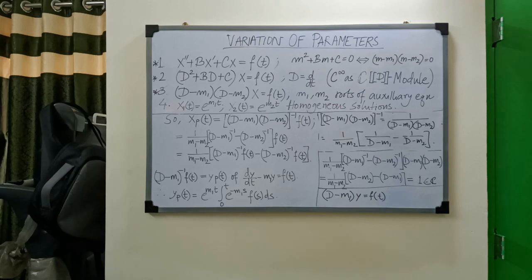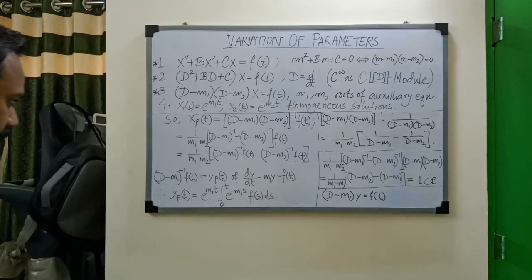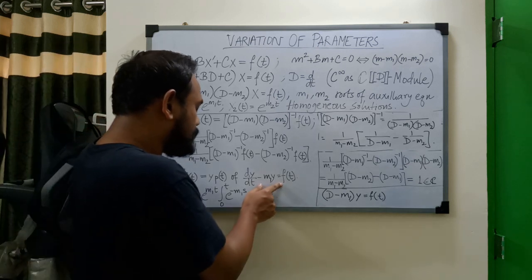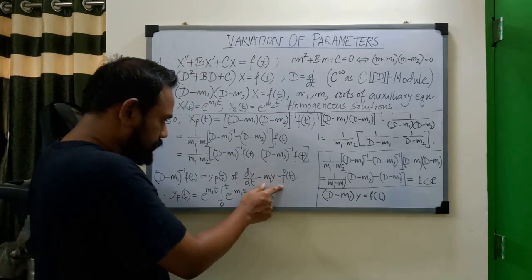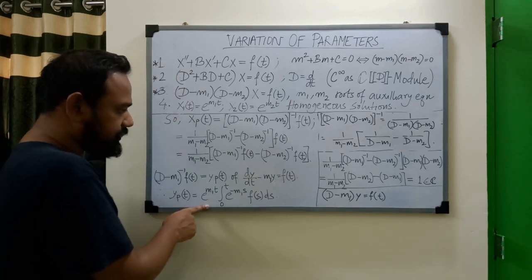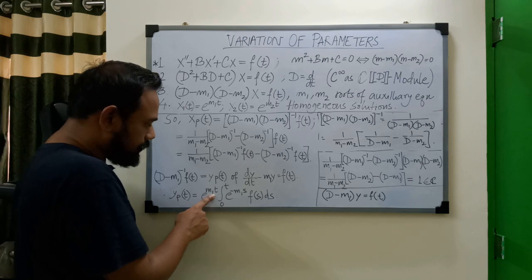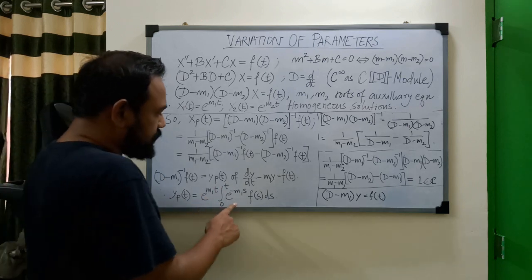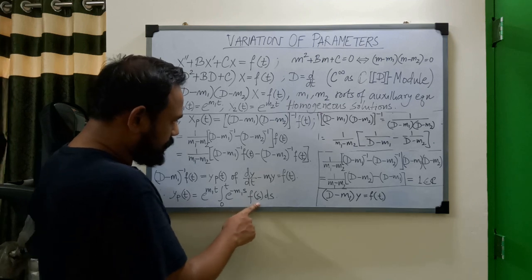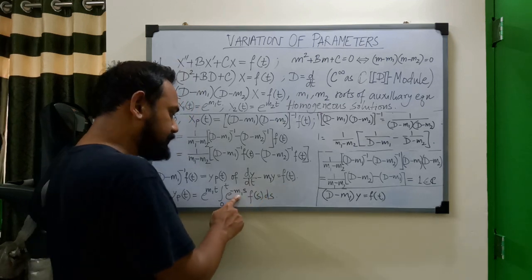And this really is a linear differential equation, and we have learned first order linear differential equations. What was the particular solution? The particular solution was this formula. You multiply by this exponential of m1t, and there is going to be an integration where the input gets multiplied by e to the power minus m1s.